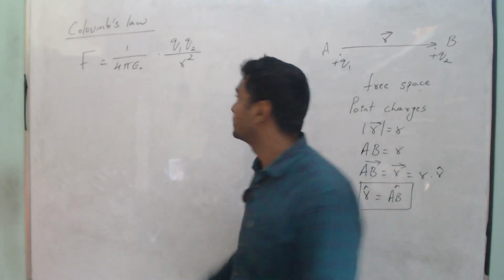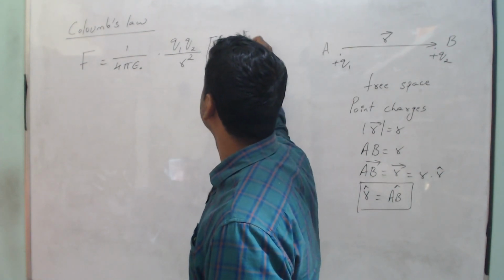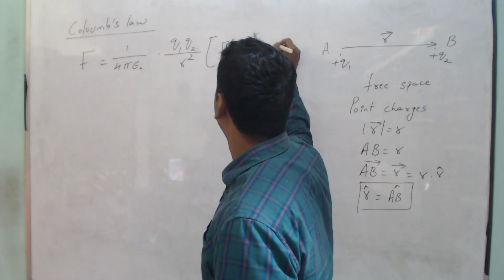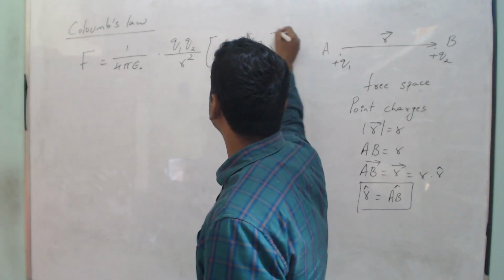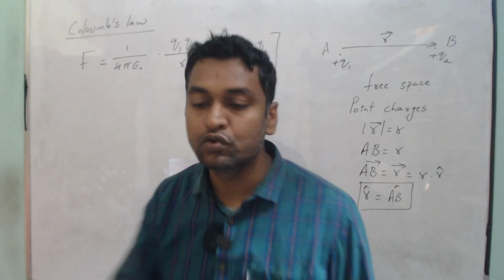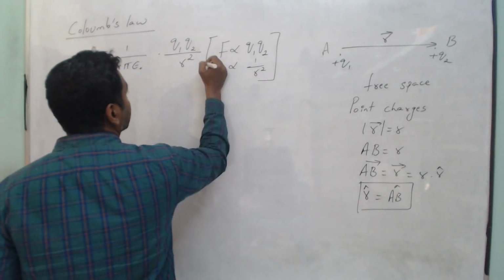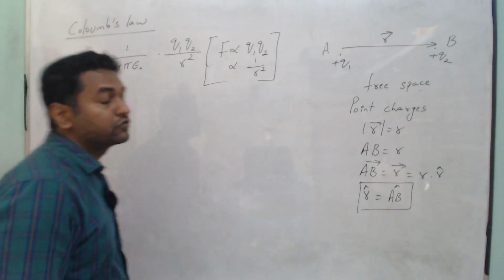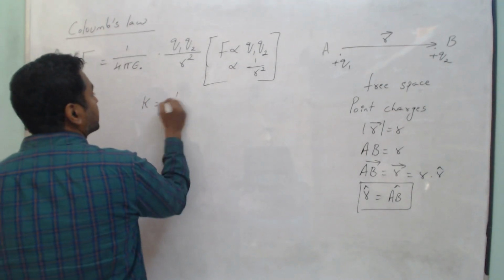That means this force is proportional to the product of charges and inversely proportional to the square of distance between them. This is Coulomb, not Newton. So that proportionality constant is 1 by 4 pi epsilon naught, which we usually denote by K.